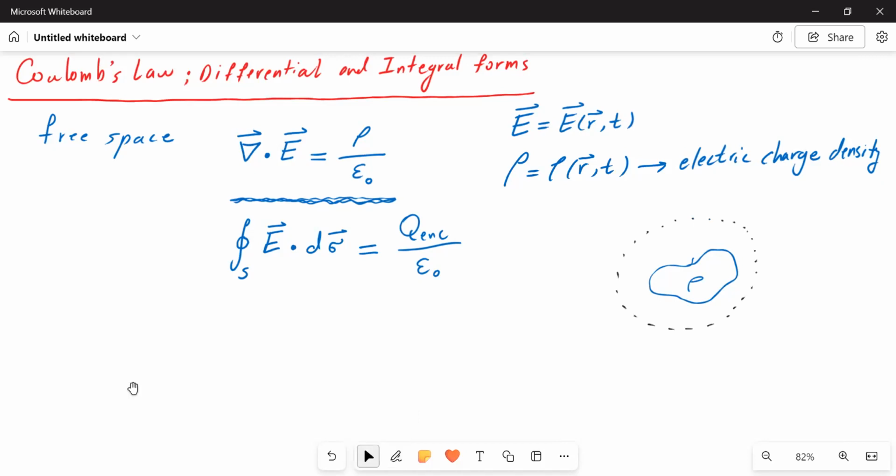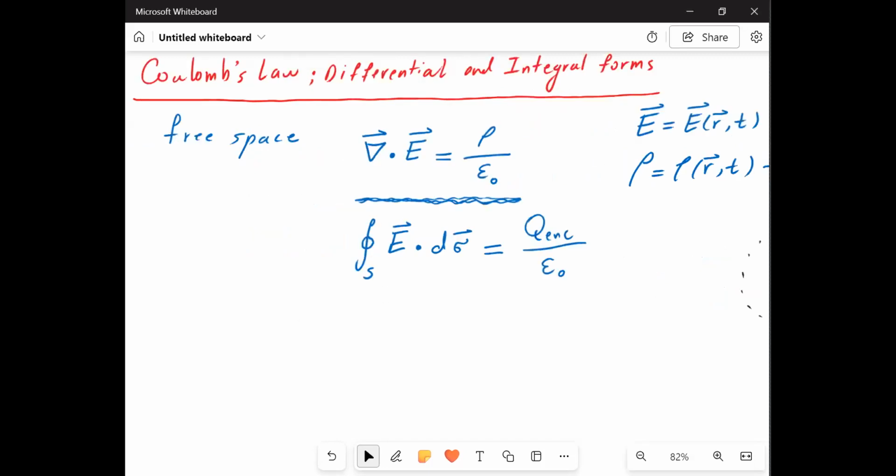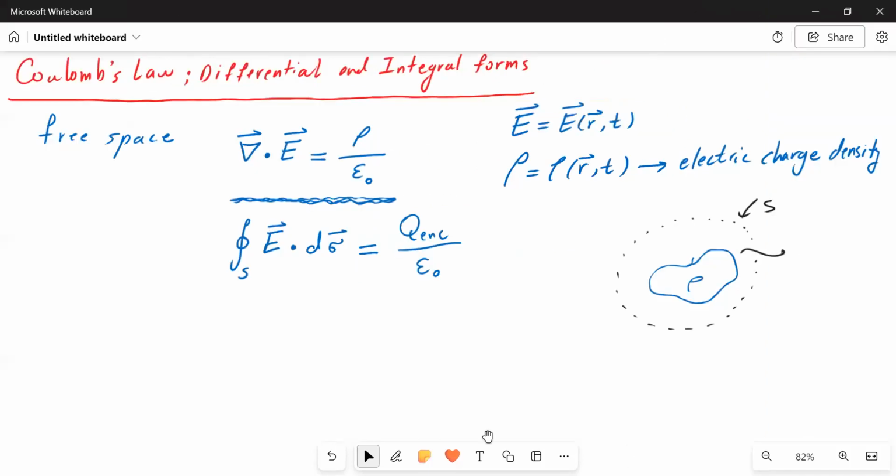So remember, this is in 3 dimensions, so we have an imaginary closed surface S, and let's say this closed surface S actually contains within it, in general, the charge distribution, and the volume of this closed surface I would probably like to show by V. So V is a finite volume in which there's some charge distribution.